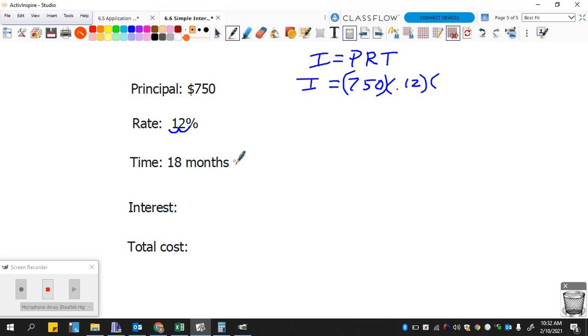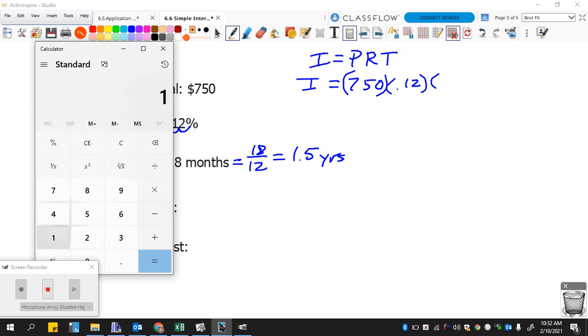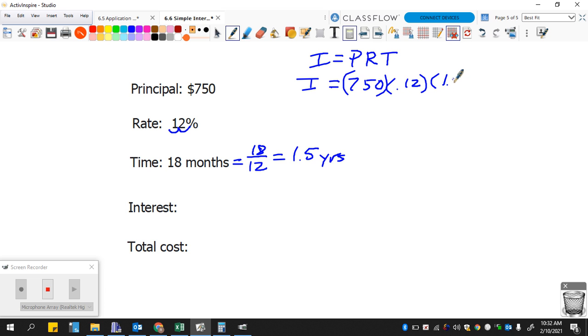Remember, the time is measured in years. So 18 months is the same thing as 1.5 years, and the way I got that is 18 divided by 12 is 1.5. So the time here would be 1.5. Make sure that you pay attention to that and make sure that it's in years.